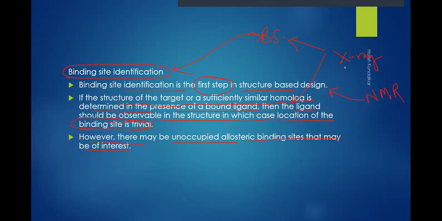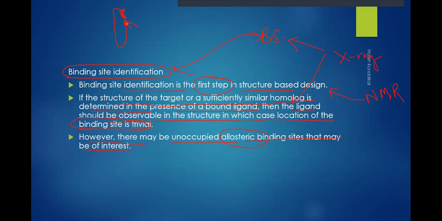But there may be other sites also which may be involved in allosteric binding, right? Allosteric binding sites, we all know the definition of allosteric binding, right? So if we have a protein, okay, and suppose this is the active binding site, there may be some other point near the binding site wherein the ligands can go and bind, and these points are called allosteric binding sites.